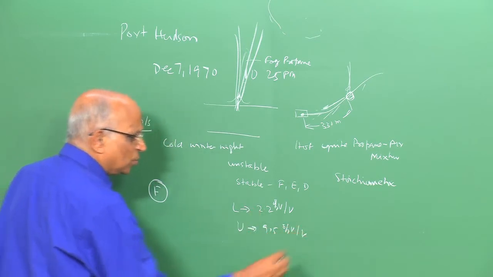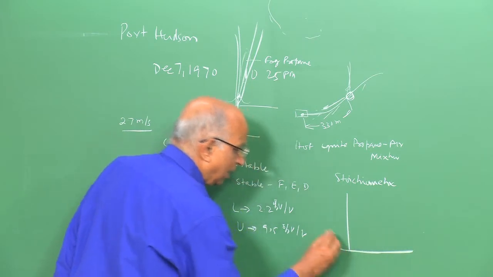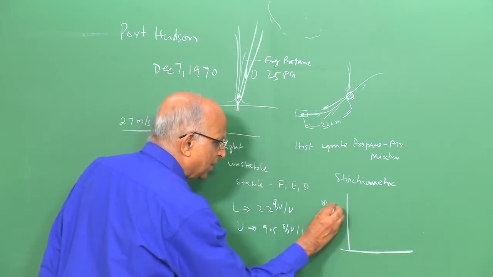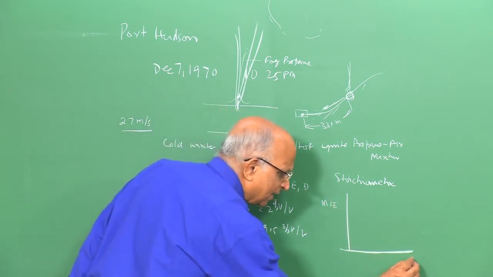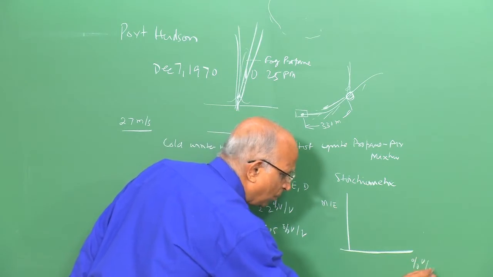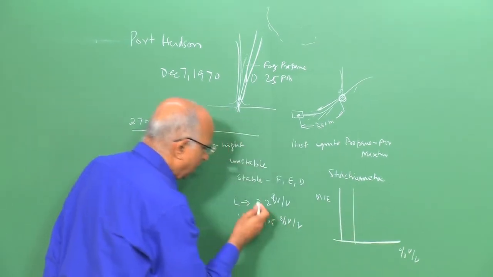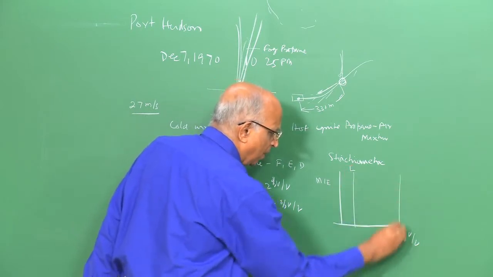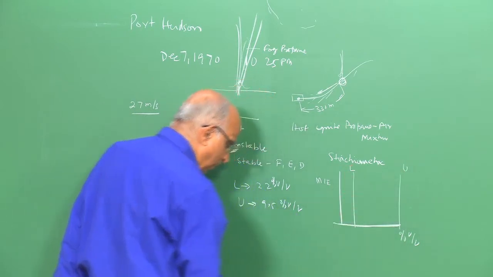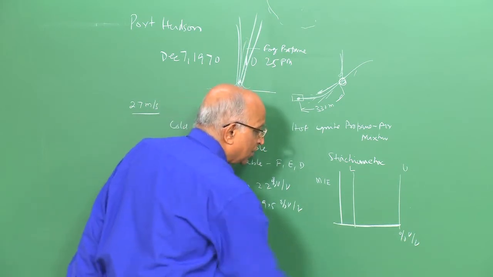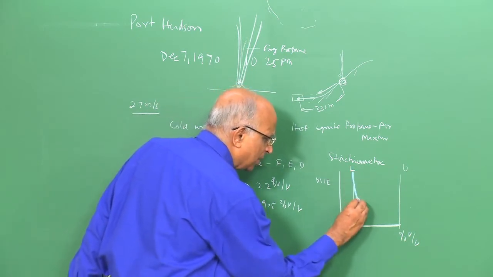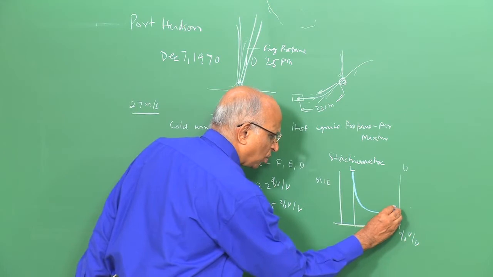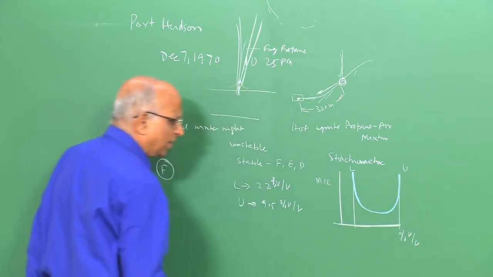In between those two, if I were to plot the minimum ignition energy versus percentage volume by volume, this corresponds to something like 2.2 to 2.5. This is the lean limit of flammability. Up to the upper limit of flammability, the curve for the minimum ignition energy would be minimum around stoichiometric, and it will go up over here.